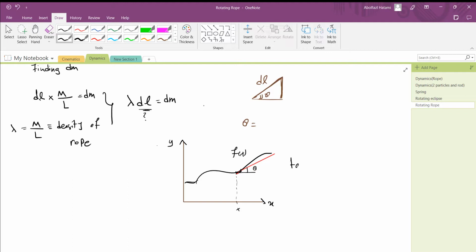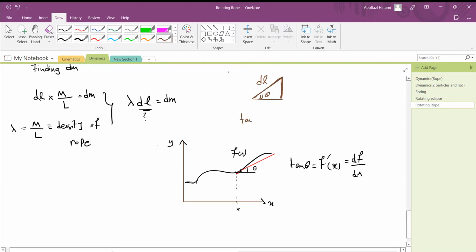So the tangent of this theta is equal to f prime of x, which is df over dx. And also this length is dx, the differential of our movement in the x-axis.